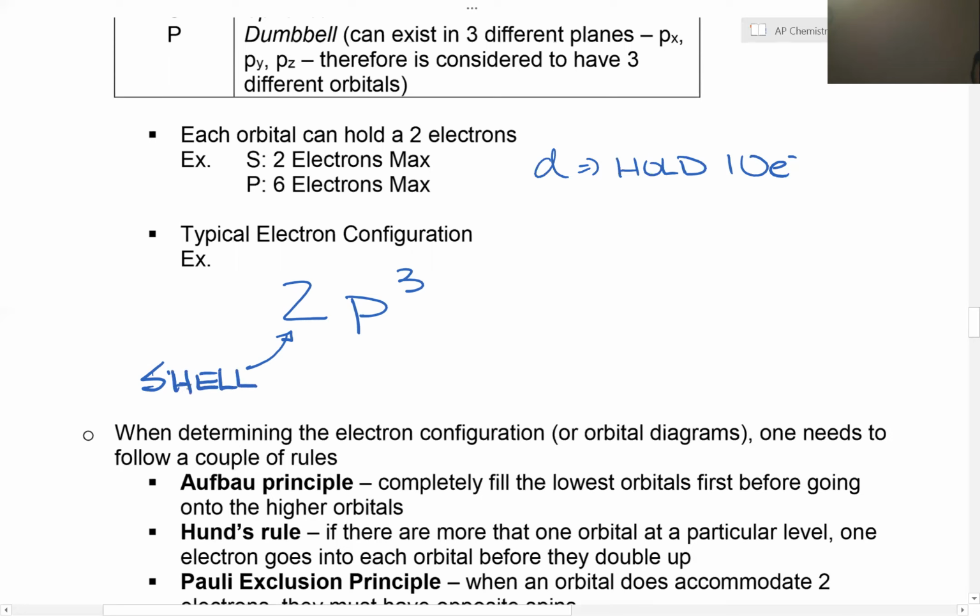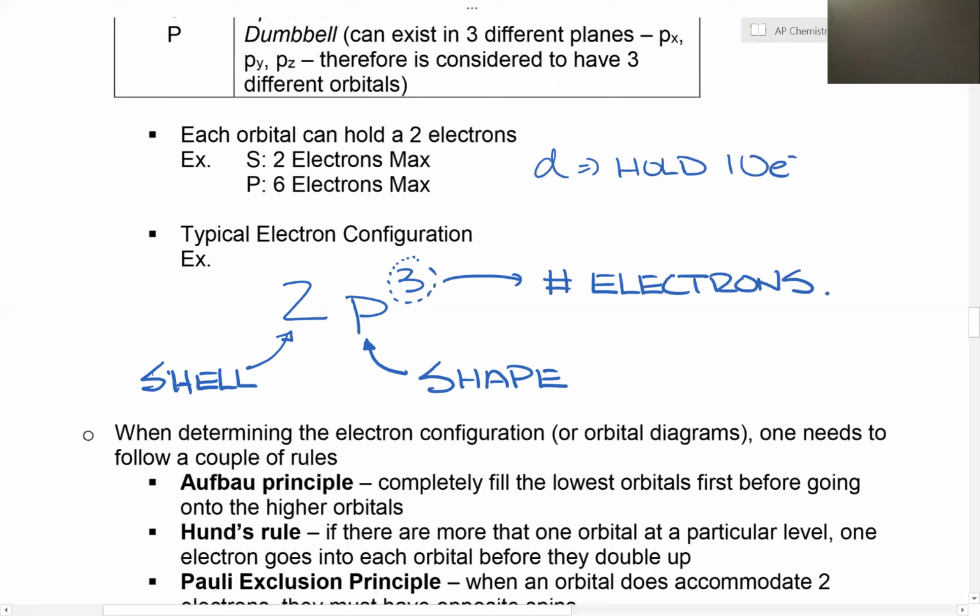P would be the shape of the electrons. And the 3 here would be the number of electrons. So in this case, if I said 2p3, then what that means is in the second shell, or second energy level, there are 3 electrons that are in the dumbbell shape.